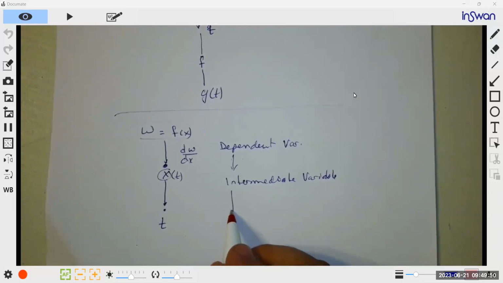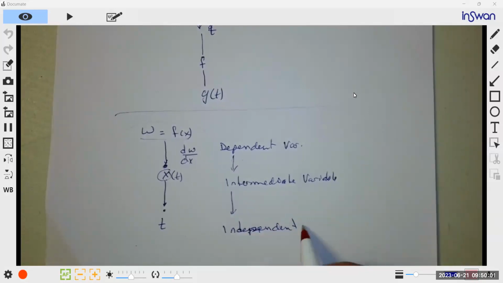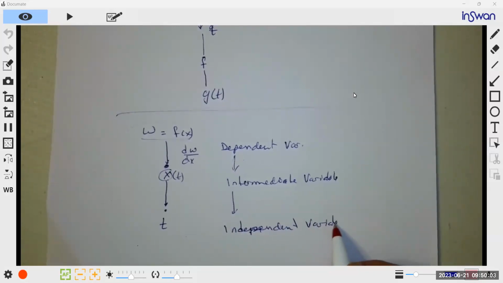And then when we take the derivative of that part, we get to our independent variable, t.